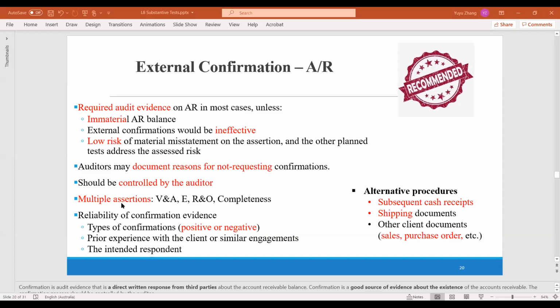Also completeness, because when you ask customers to confirm their accounts receivable, they might fill in the amount. If the claimed amount from the customer is higher than what you know in this company, you may doubt the completeness of accounts receivable. And all of them would also be about the valuation assertion as well. So it's a very strong document for us.